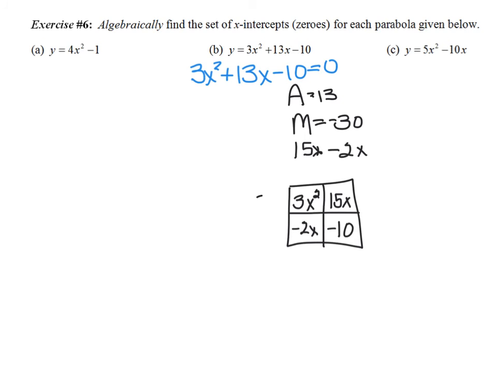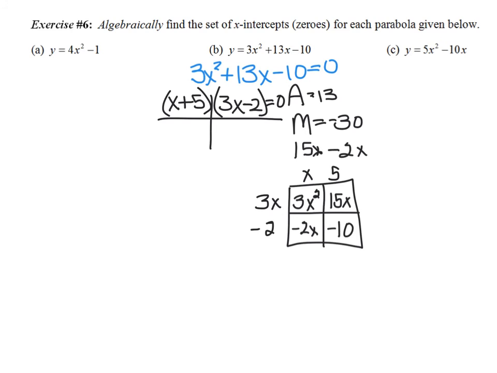In the first row I'm factoring out a 3x, second row -2, first column x, second column 5. So my factors are going to be x plus 5 times 3x minus 2. Set that equal to 0 because I'm trying to find my x-intercepts.